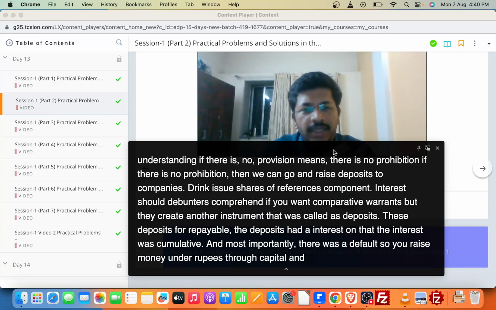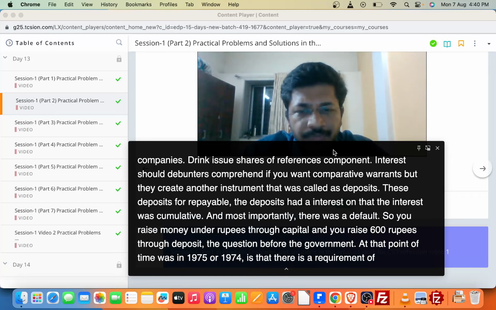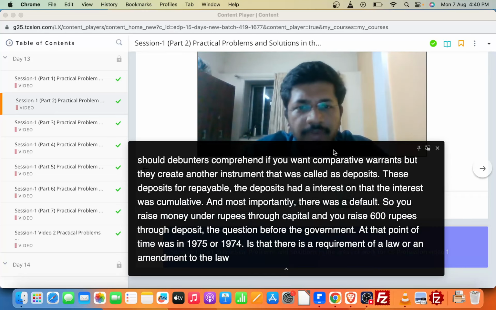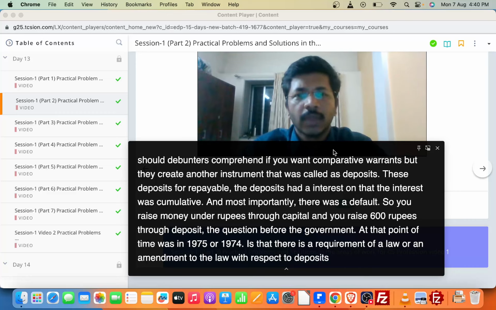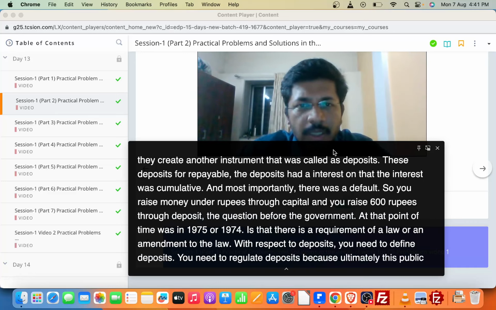The question before the government at that point of time, in 1974 or 1975, was that there is a requirement of a law or an amendment to the law with respect to deposits. You need to define deposits. You need to regulate deposits, because ultimately it is public money.